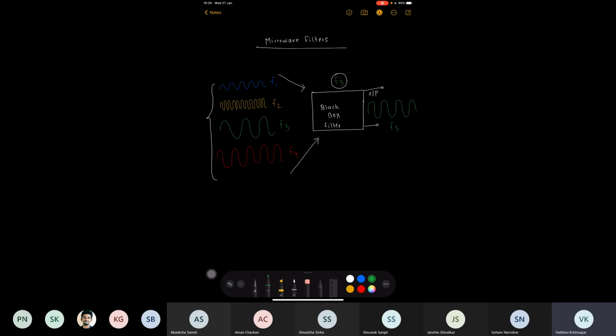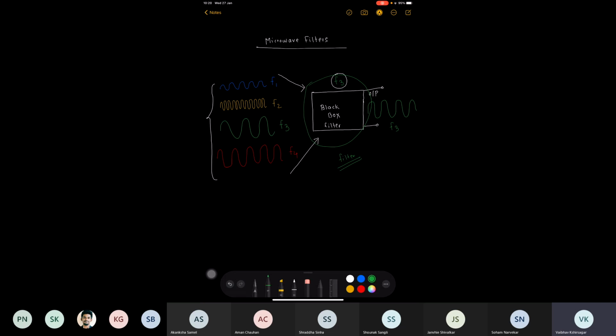So this is what we want: to design a circuit using certain RF and electronic components. This particular circuit we call a filter circuit. So this is the basic concept of a filter circuit. Filter circuits are circuits utilized to filter out a certain component of the frequency spectrum.